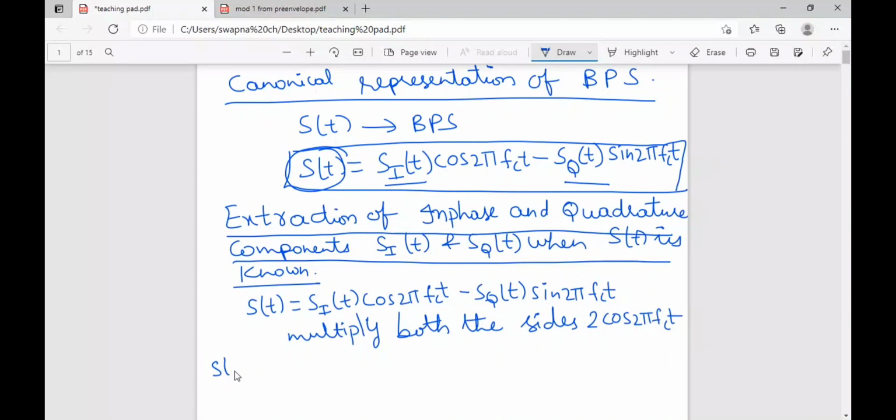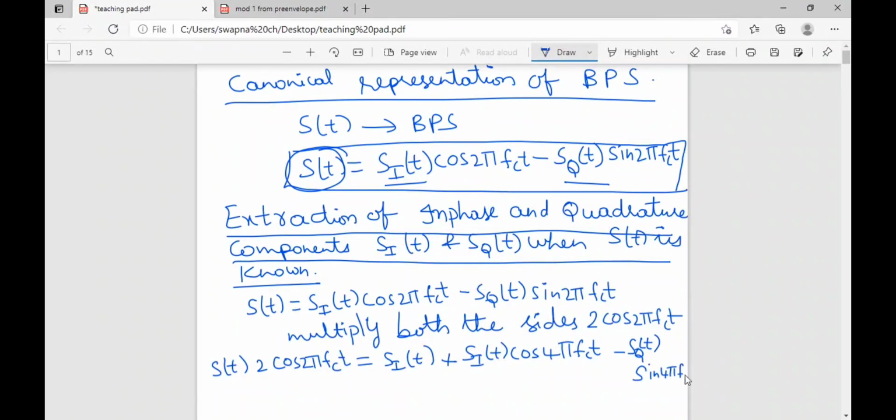So finally we've got the equation as S of t into 2 cos 2 pi fct equal to Si of t plus Si of t into cos 4 pi fct minus Sq of t into sine 4 pi fct. This is what we have got.